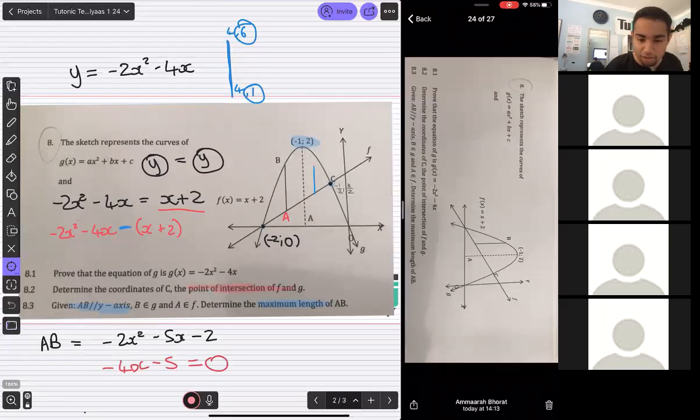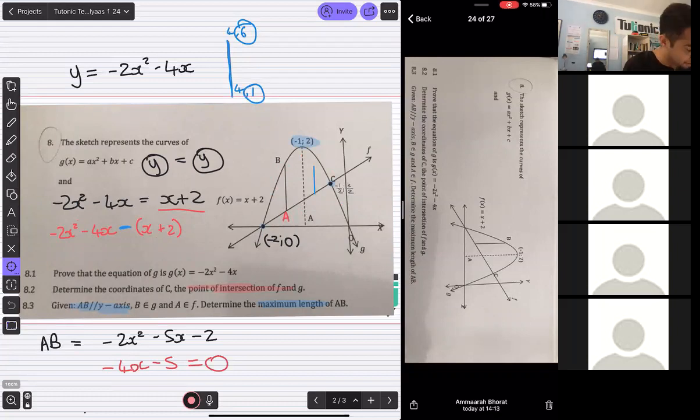Zainab asked me to repeat the first part of the equation. Okay, so I'm going to repeat that part again. So AB is the distance between the two graphs, because they tell you that B is part of the parabola and A is part of the straight line graph.